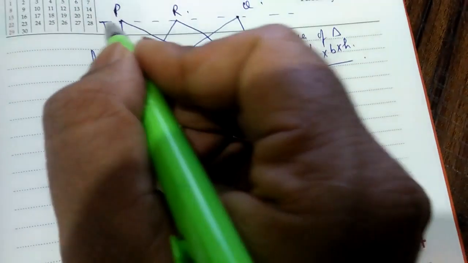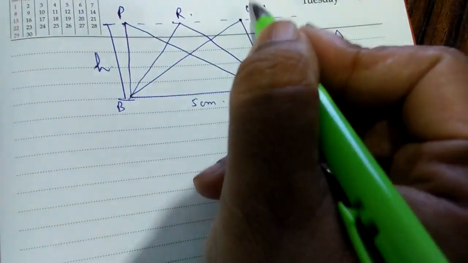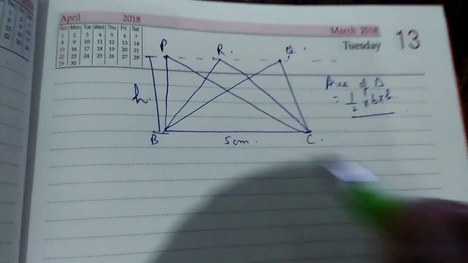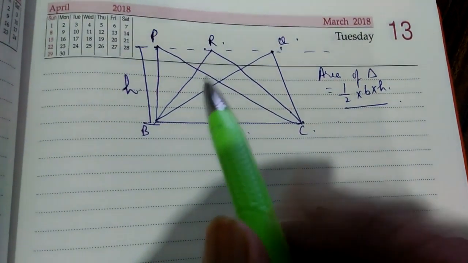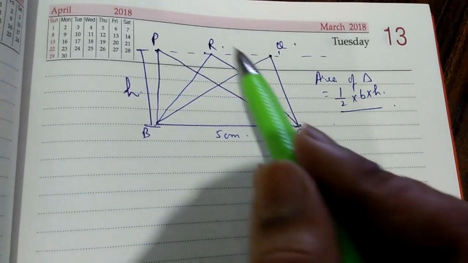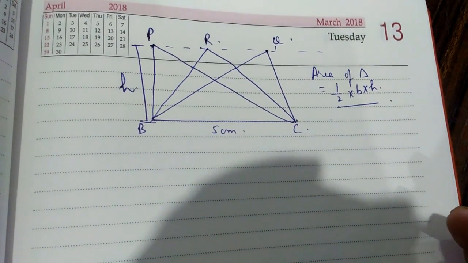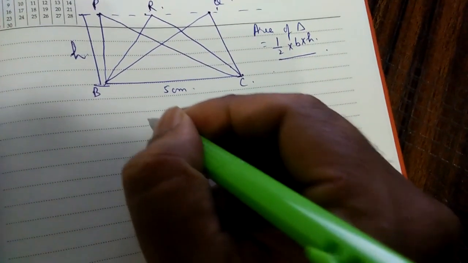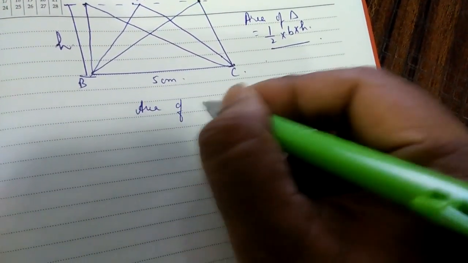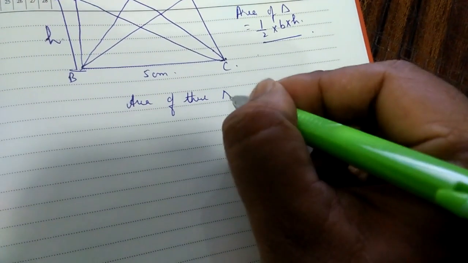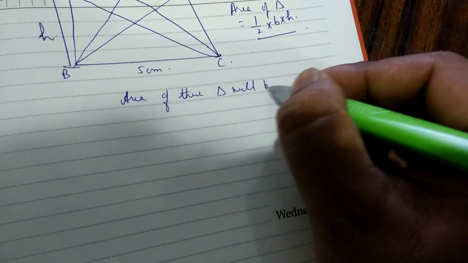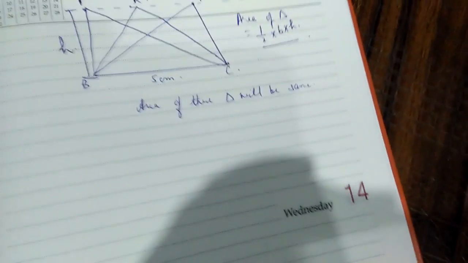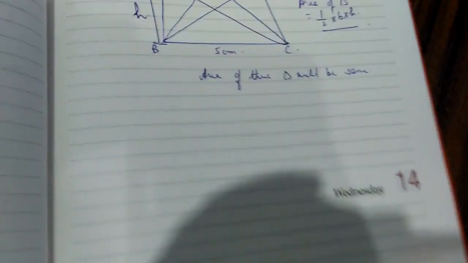From P, from Q, from R, all these heights are the same no matter what point P is, what point R is, what point Q is. So the area of the three triangles will be the same. I think this many figures for now will do for you.